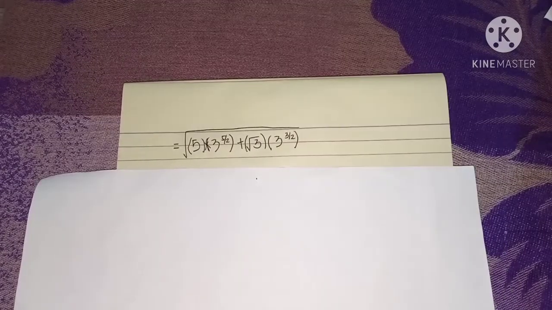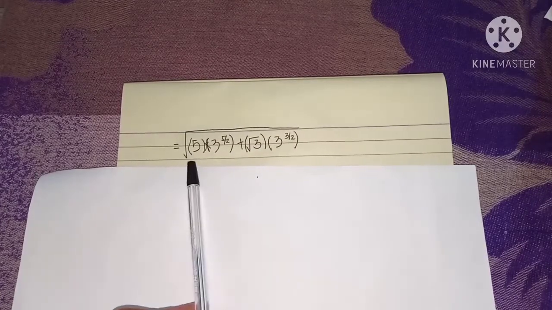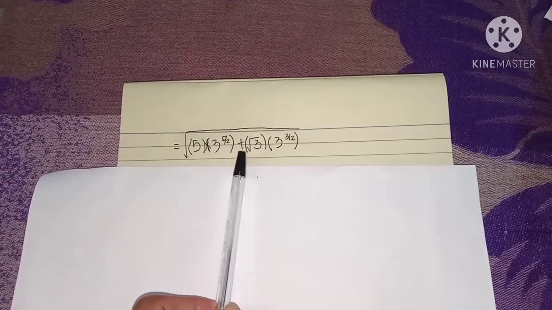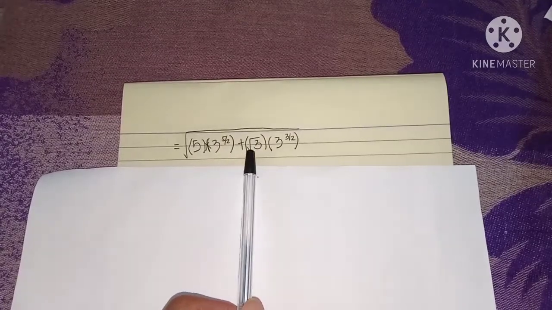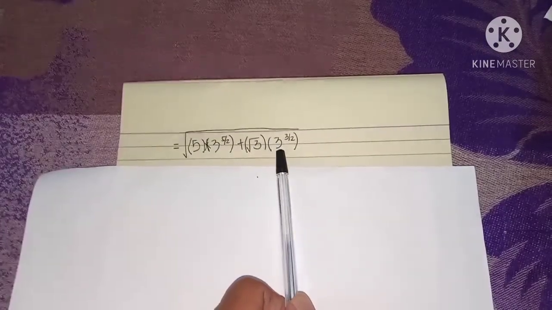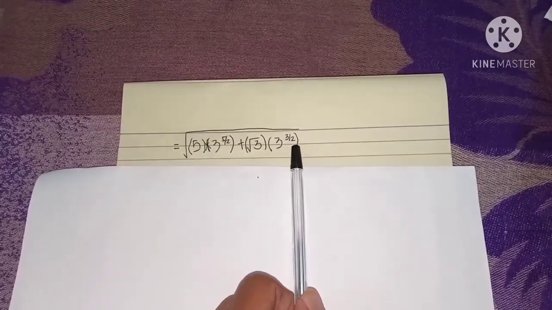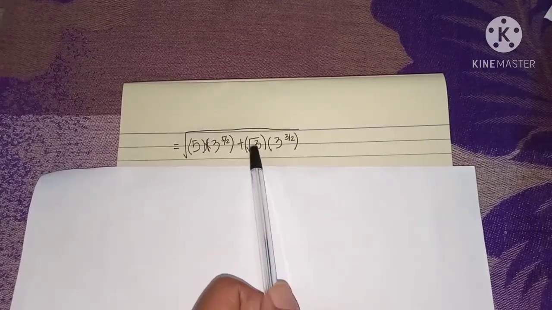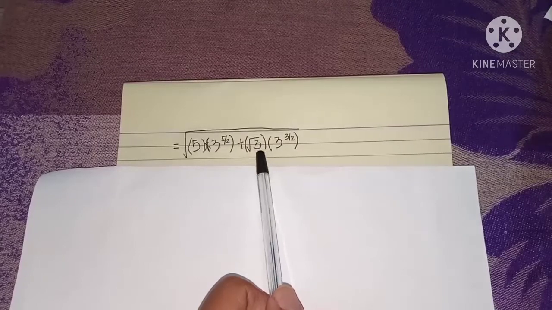And then we'll distribute the 3 raised to the power of 5 halves. So square root of 5 times 3 raised to the power of 5 halves plus square root of 3 times 3 raised to the power of 3 halves. So why 3 halves? Because we just cancelled the denominator of this.